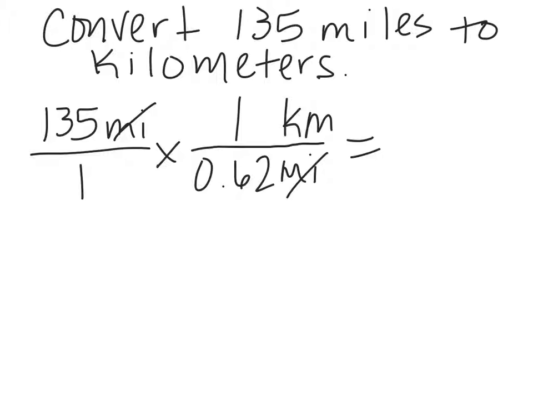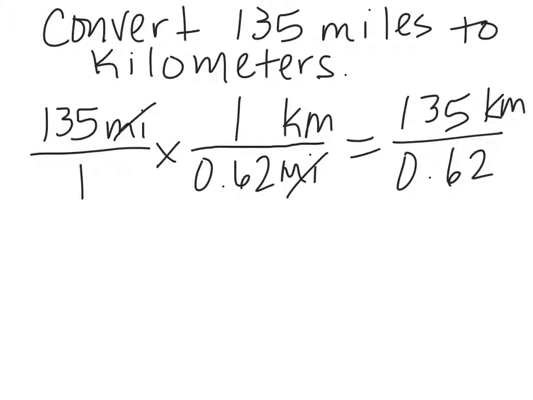Remember, when you multiply fractions, you multiply numerators and you multiply denominators. You multiply across. So 135 times 1 equals 135. 1 times 0.62 equals 0.62. What unit do we have? Kilometers.